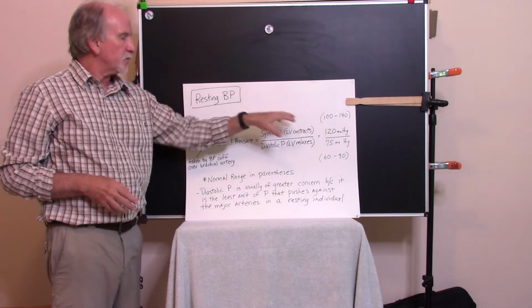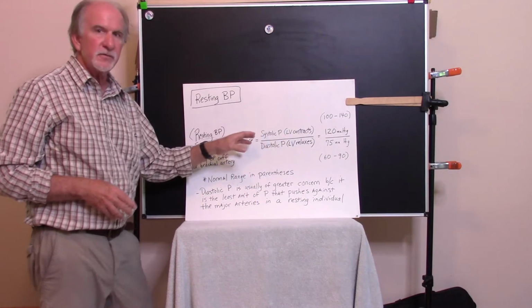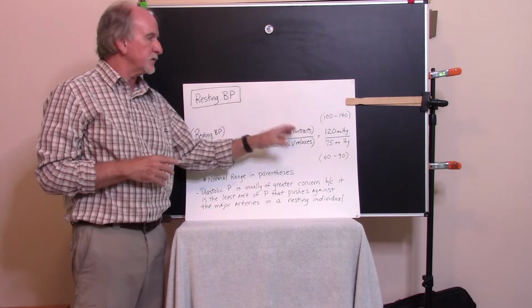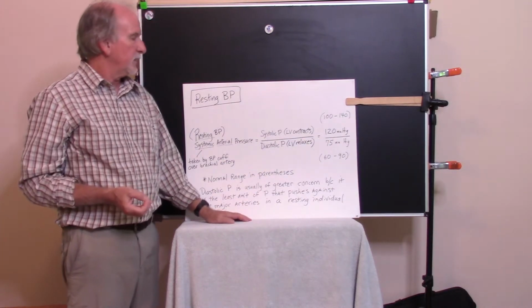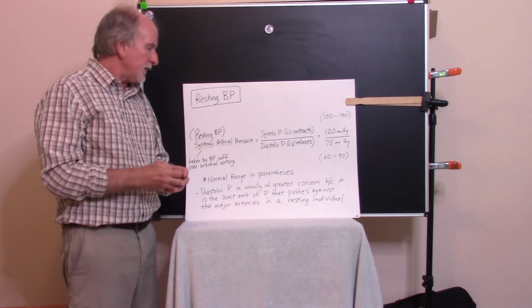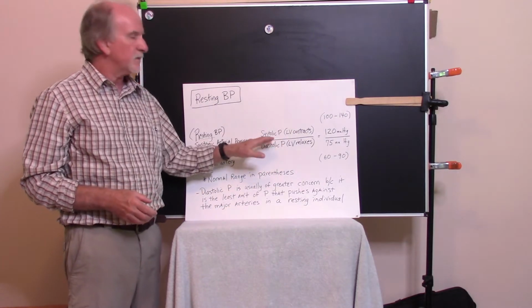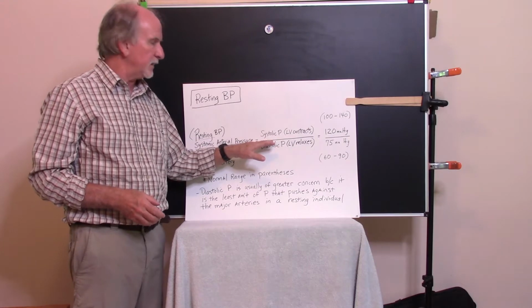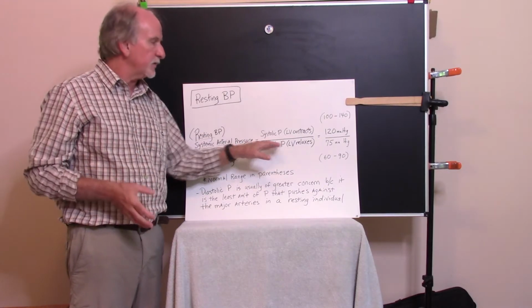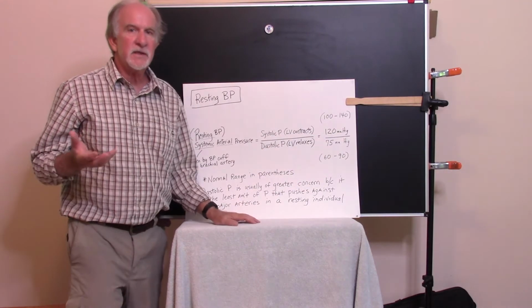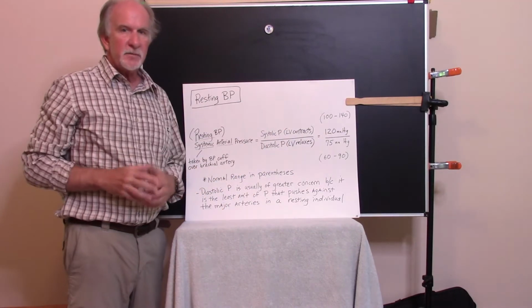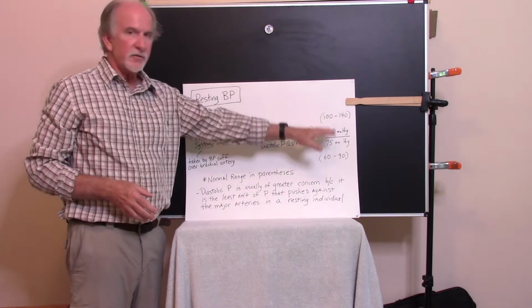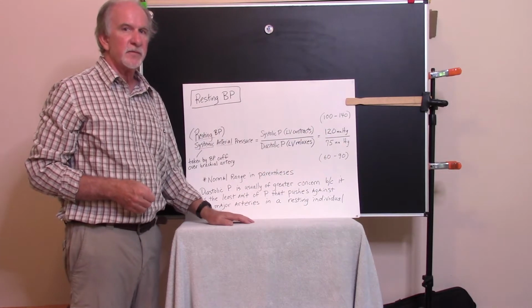When the left ventricle contracts, the systolic pressure in a resting individual goes up to about 120 millimeters of mercury. When the left ventricle relaxes, the blood pressure drops in the systemic arteries to around 75 millimeters of mercury. These pressure changes typically are reported as 120 over 75.